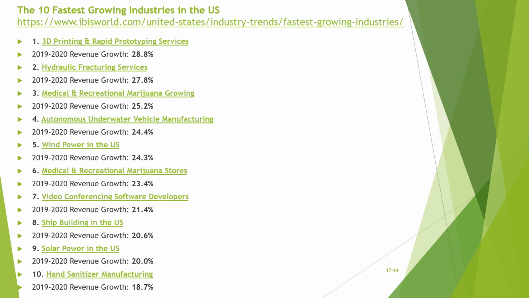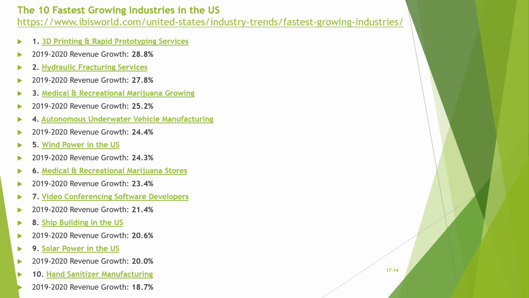The next thing we look at is the 10 fastest growing industries in the US. When you analyze the equity valuations of companies, you need to also look at the country: what are the growing industries in that particular country? It will affect a lot, because growing industries mean more support is given to the companies, for example incentives.